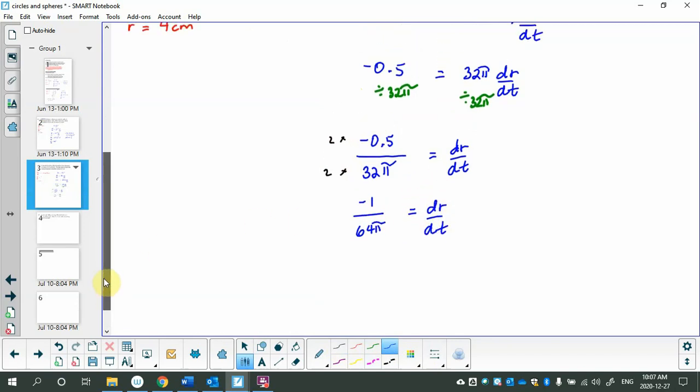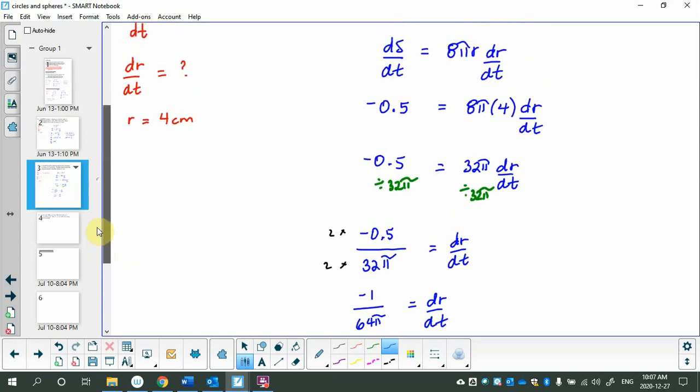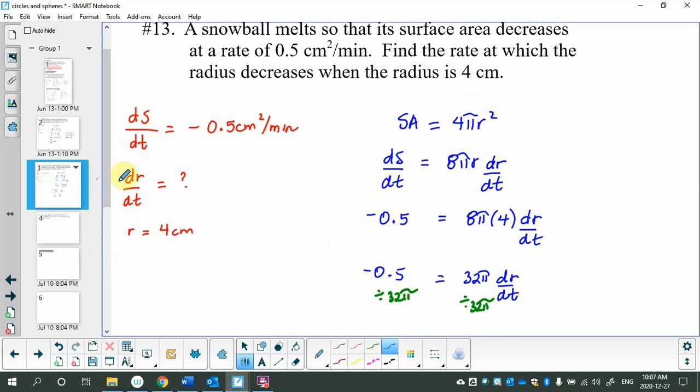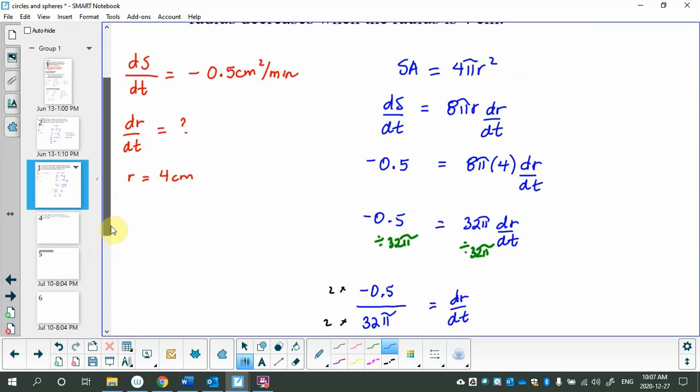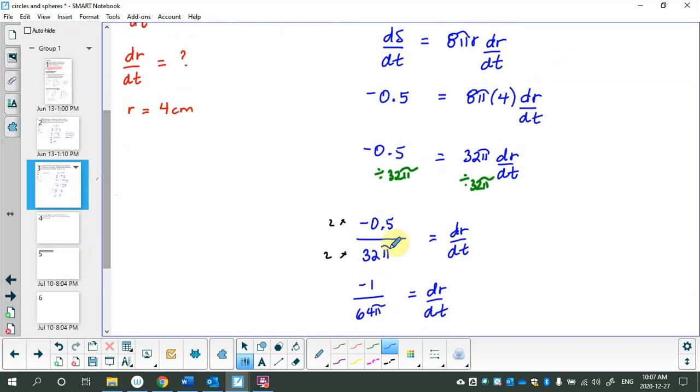So unfortunately, I have forgotten exactly what the question is about. Find the rate at which the radius decreases when the radius is 4 centimeters. So I can write one of two therefore statements. And this is very physics-like. And you have to be very careful about your language as well as where you put your pi.